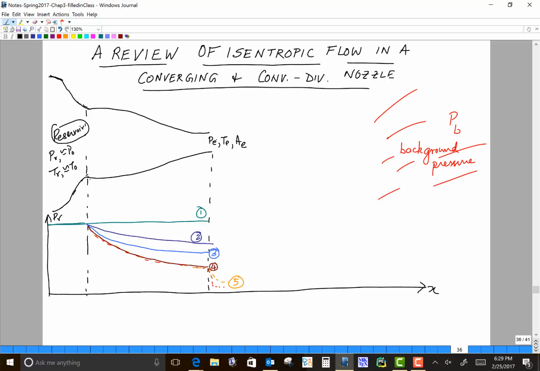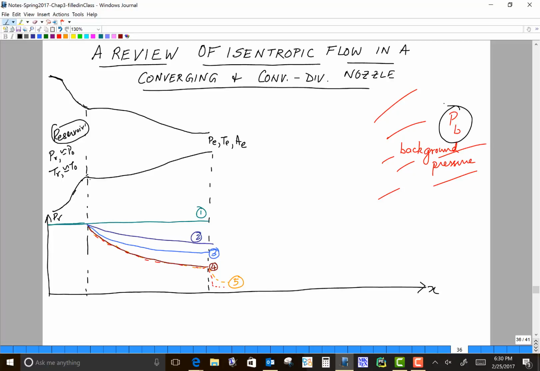And the area of cross section at the exit plane in this case is AE, and let's denote the static pressure and static temperature at the exit plane to be PE and TE. And the control parameter that we're using to drain this fluid is the back pressure, or the pressure in the background, denoted by PB.